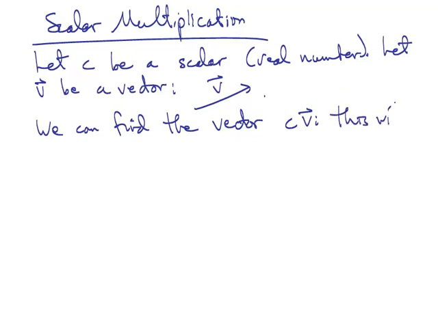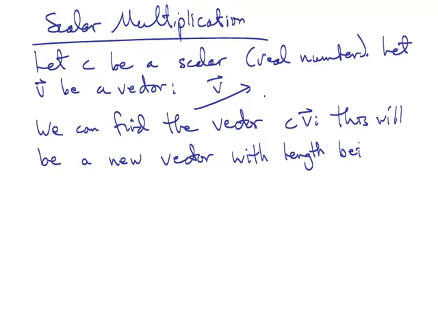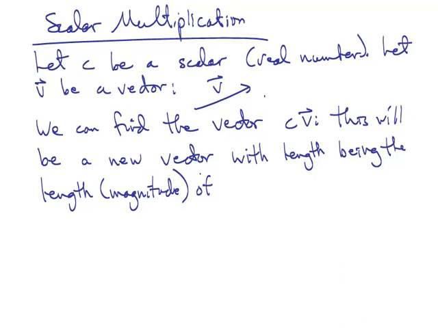It's going to be a new vector with length being the length or magnitude of v, times the absolute value of our scalar. I've been saying length, and magnitude and length are going to be interchangeable when we talk about vectors.